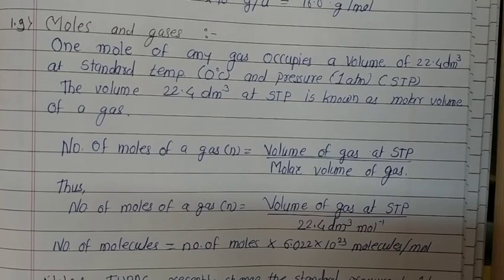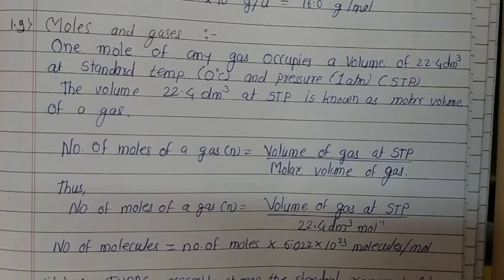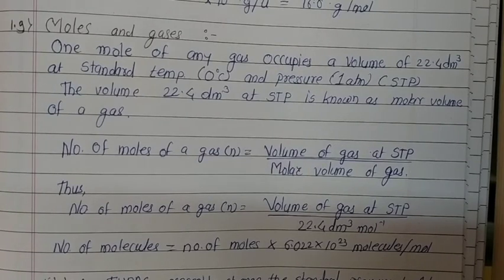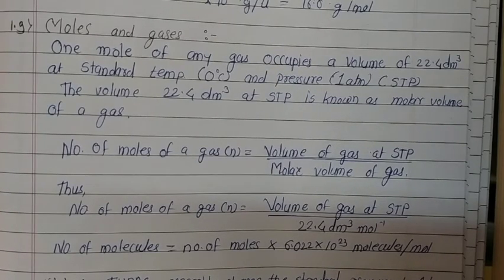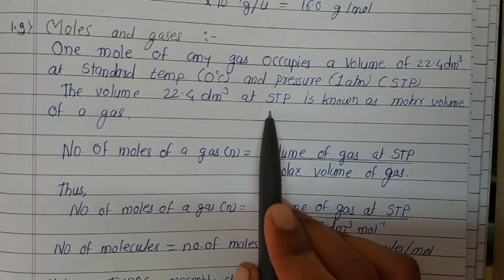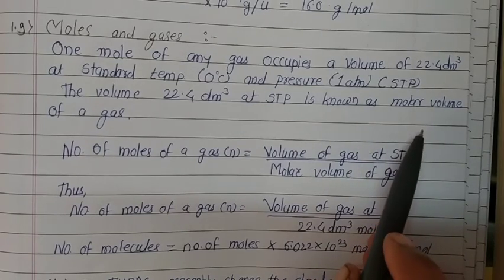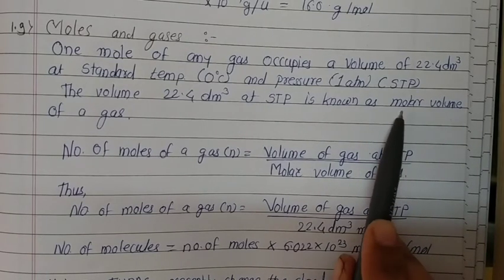Chemists have deduced from Avogadro's law that 1 mole of any gas occupies a volume of 22.4 dm³ at standard temperature and pressure, known as molar volume.